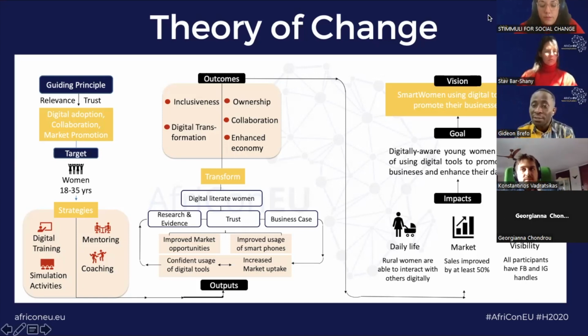So if you look at this diagram, you realize that the impacts that we wanted to achieve were very clear: that the rural women will be able to interact with others digitally.